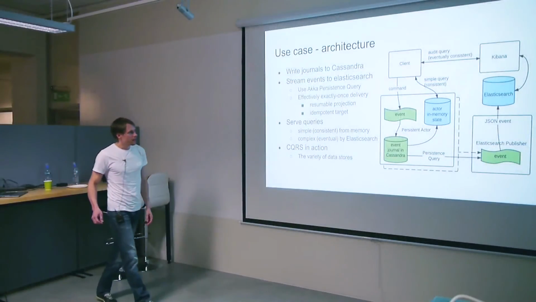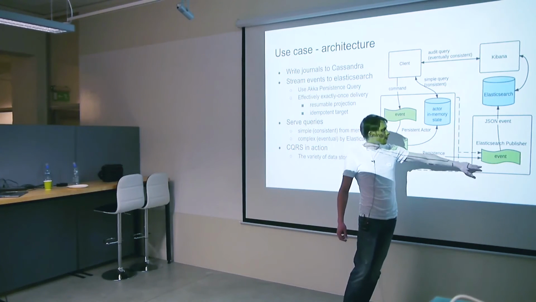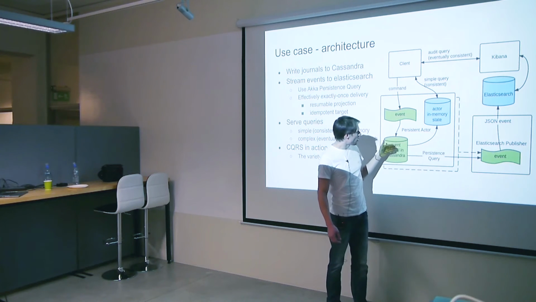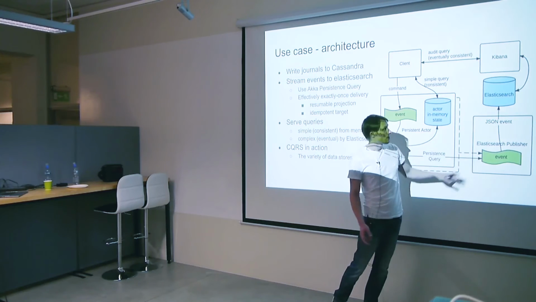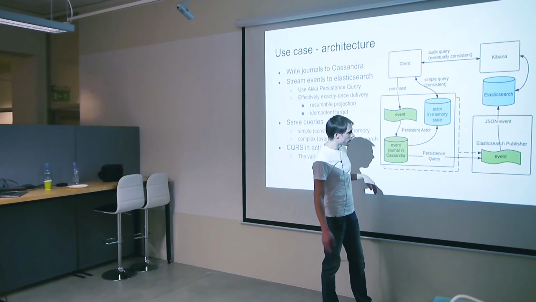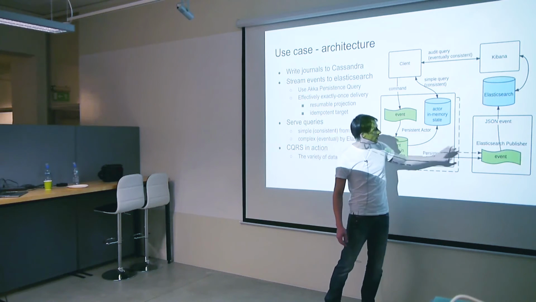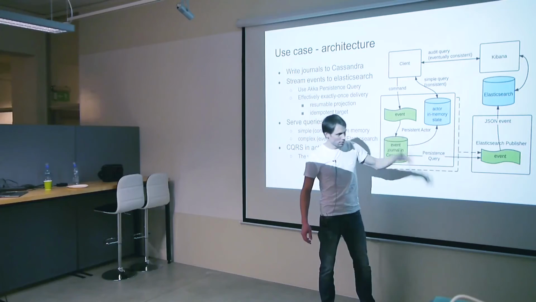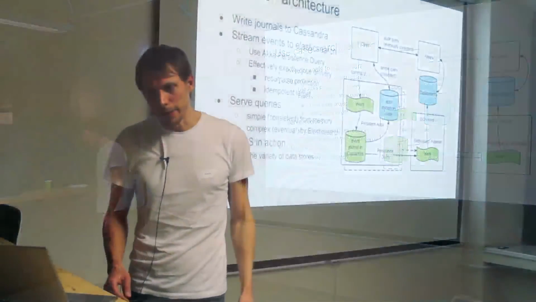And probably the last thing to say is that this publisher is also a persistent actor by itself, so that it would know where it has stopped in this stream, so that after the whole system gets restarted, only the new events get transported to Elasticsearch, so that it wouldn't have to cope with repetitive updates.